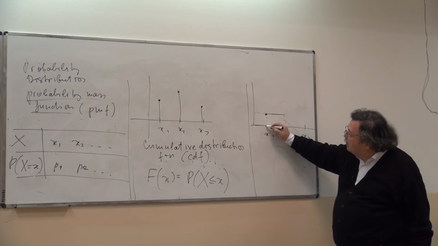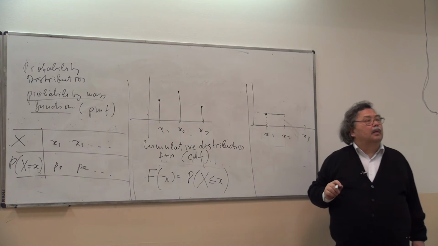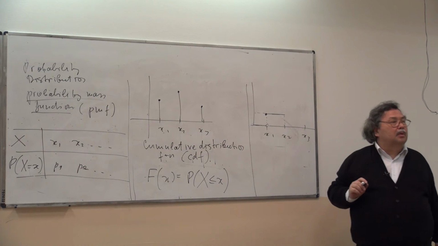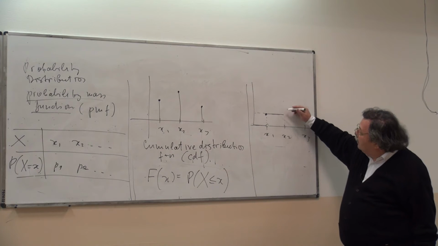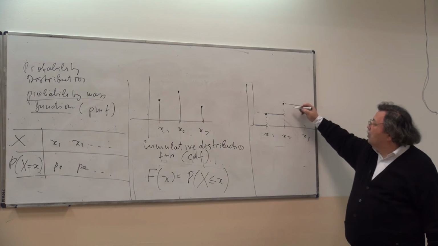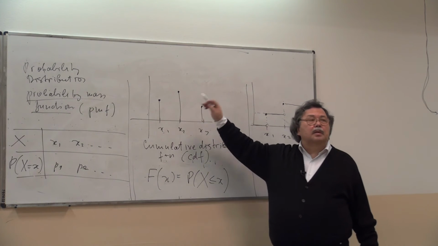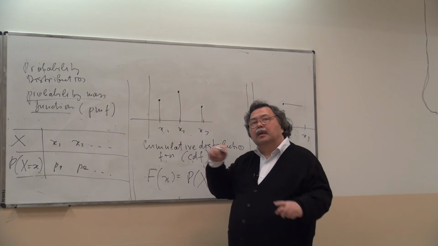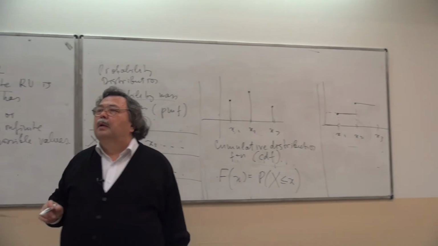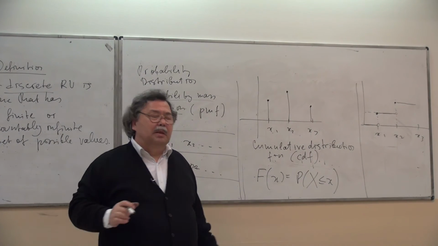So this point doesn't belong to the graph. We represent it by a hollow circle or an arrow, and this point does belong to the graph. And again, no point here, jump, point here, and so on. And the size of this other jump is equal to the size of this probability. So this cumulative function consists of horizontal segments separated by jumps.